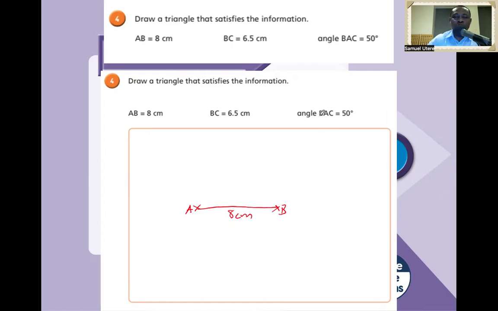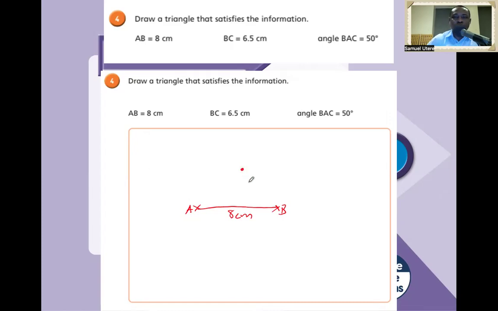So we have angle BAC. So it means here we'll have to measure 50 degrees on this side. So place the crosshair of your protractor here and measure 50 degrees. So 50 degrees could be something about there. All right. So you measure, you put a mark there.